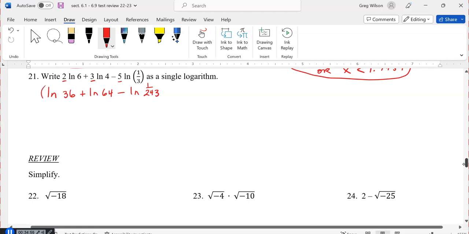Take them two at a time. Two natural logs being added become one natural log of the product of 36 and 64. It's 2304. And two natural logs being subtracted become the quotient, one natural log of the quotient.